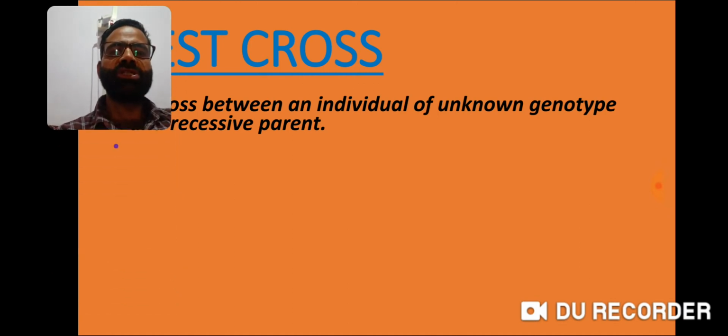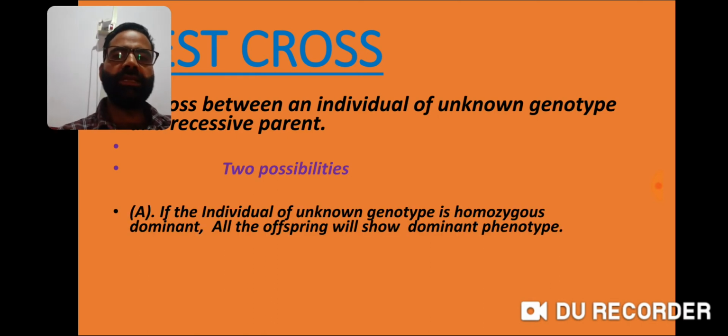And there are two possibilities in the test cross. The individual whose genotype is not known to us may be homozygous or it may be heterozygous.